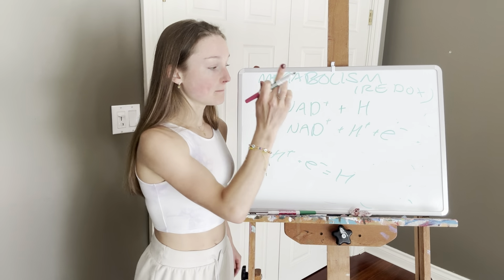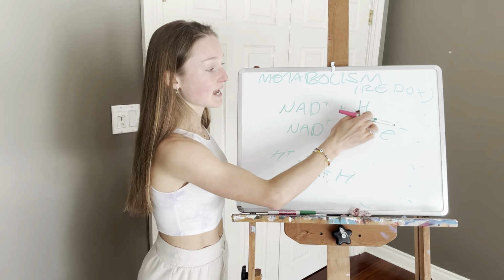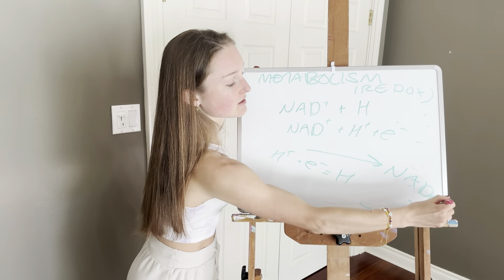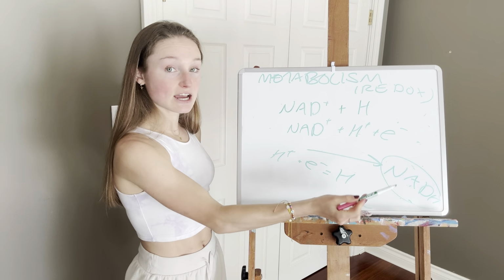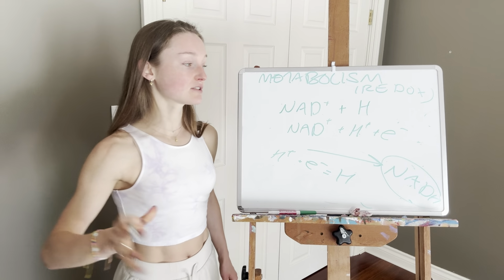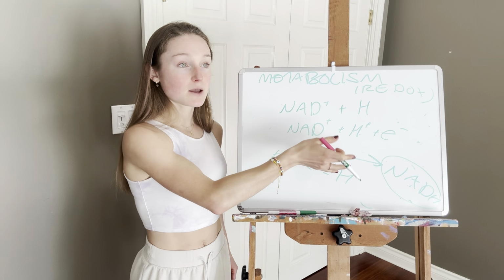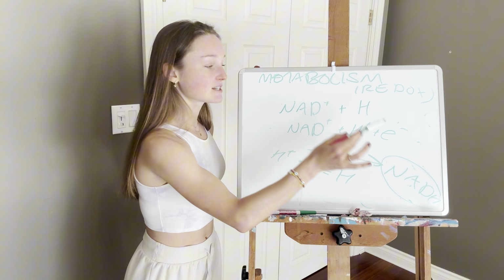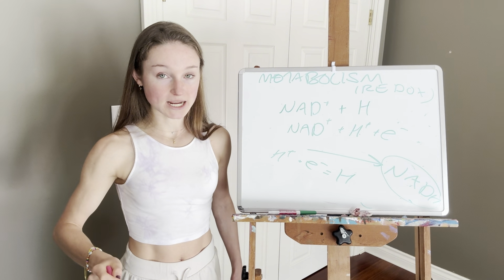NAD plus a proton plus an electron, or NAD plus a hydrogen atom, both of those make NADH. This NADH is a high energy electron carrying molecule, and it is carrying these high energy electrons from the tricarboxylic acid cycle, from this metabolic pathway of sugar or fat oxidation, and it is taking that high energy electron and delivering it to the electron transport chain.